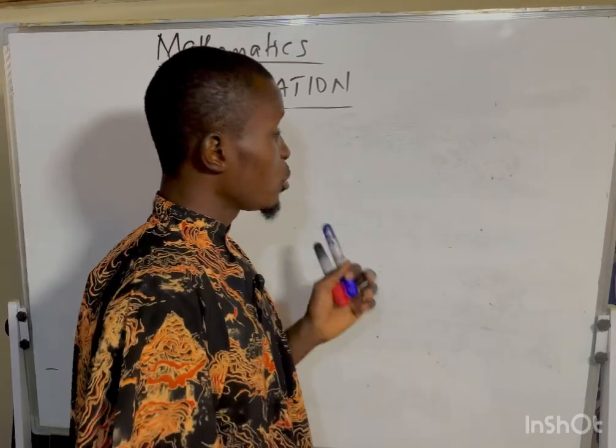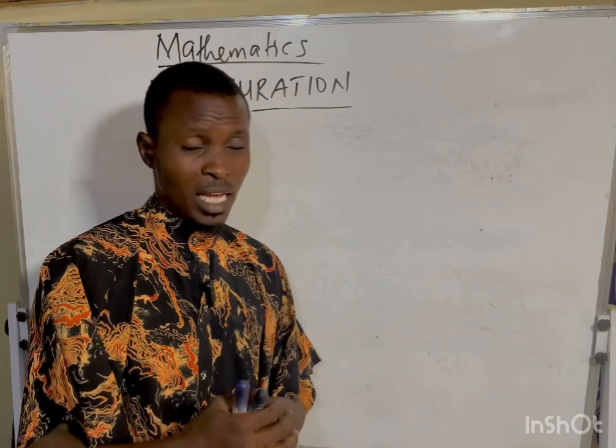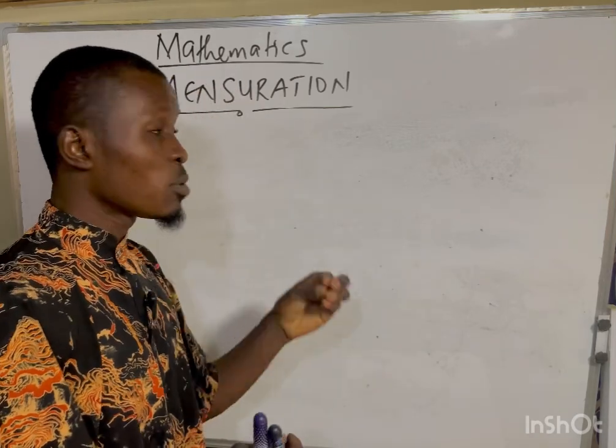We also have for a triangle. The area of a triangle is half times base times height.